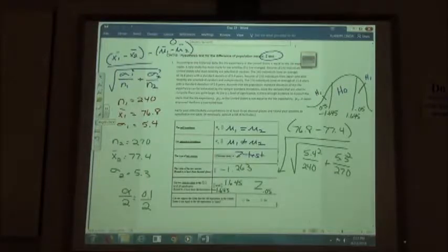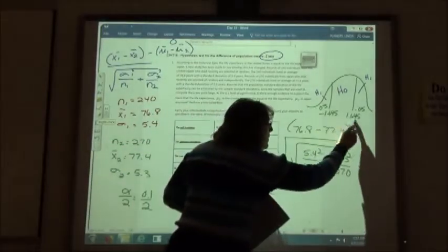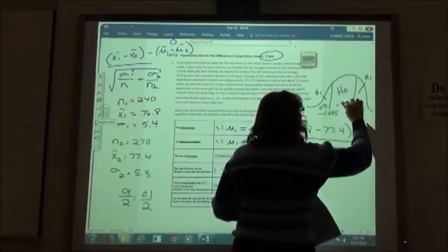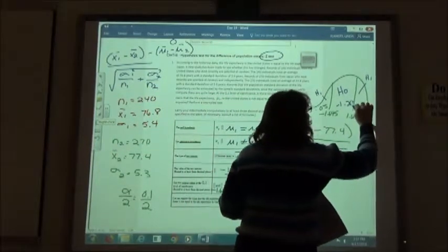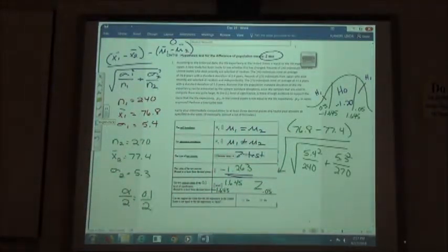If I have a negative 1.263, is it less than negative 1.645? It'd be bigger than that, right? So I'm comparing this number to these numbers. So if I were putting this in order, that negative 1.263 would be between the negative 1.645 and the positive 1.645, right?